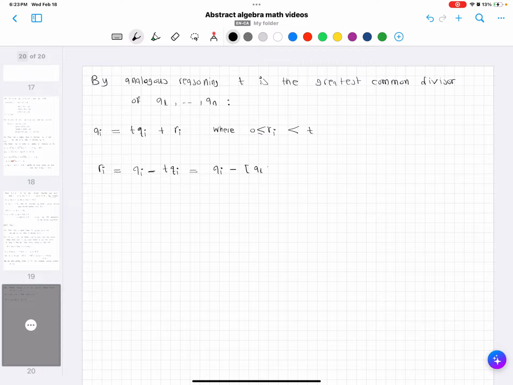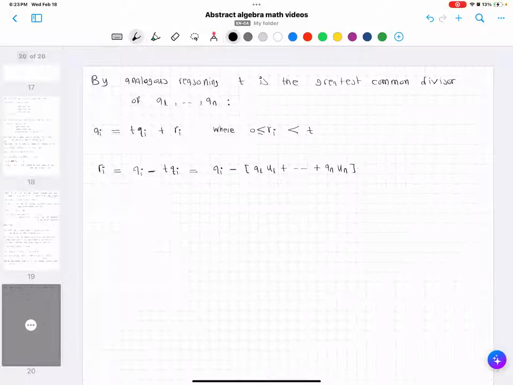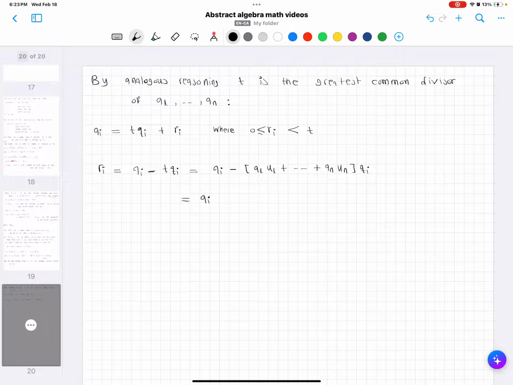Then you have ai minus (a1 u1 plus ... plus an un) multiplied by qi, or let's write it differently: a1 multiplied by minus u1 plus ... plus an multiplied by minus un, all multiplied by qi.